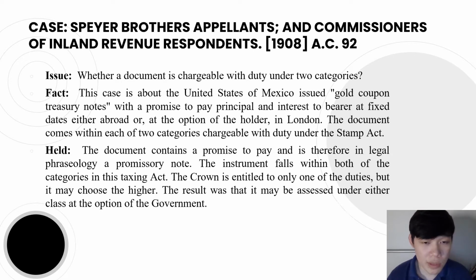The held for this case is that the document contains a promise to pay and therefore, in legal phraseology, a promissory note. The instrument falls within both of the categories in this distinct taxing act. The Crown is entitled to only one of the duties, but it may choose the higher. The result was that it may be assessed under either class at the option of the government.